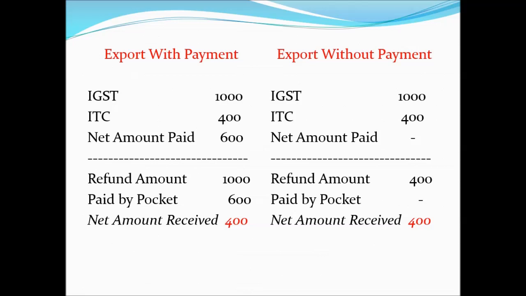I am assuming in this example that you are wholly exporting the goods out of India, so you don't have any domestic sale, and therefore the formula for calculating the input tax credit refund does not apply. So the whole 400 input tax credit will be refunded to you, and the amount you paid from your pocket is 0. So the net amount you receive from the government is 400. As you can see, in both cases the net amount you receive from the government is equal. So there is no option that is more beneficial for you. Both are the same, but the procedure of taking the refund is slightly different.